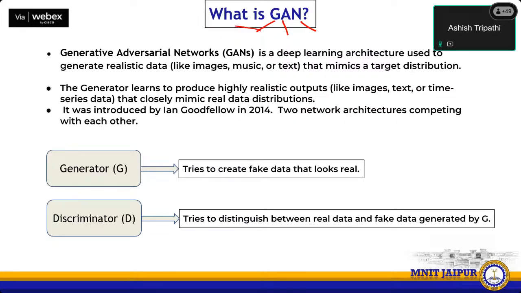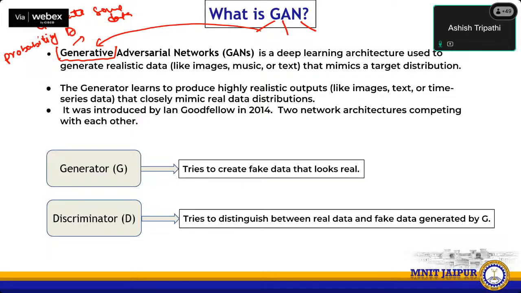G is for generative. What is the meaning of generative? Generative means that we are going to generate some data. And exactly, if I talk in technical terms, not the data, rather we are going to generate some probability distribution.